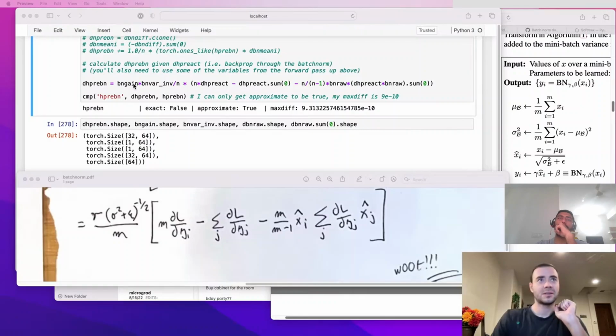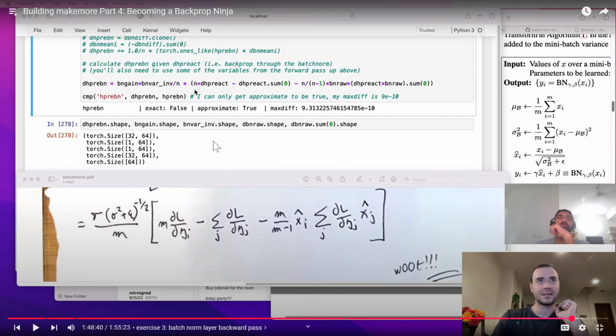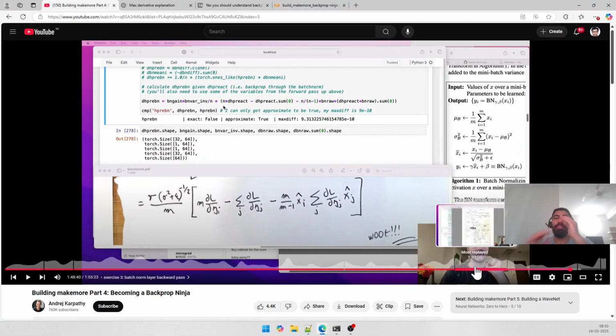Okay, so I implemented the expression into a single line of code here. The only thing is I'm not paying that much attention to how it is getting calculated, because I don't think I need that much level of expertise.